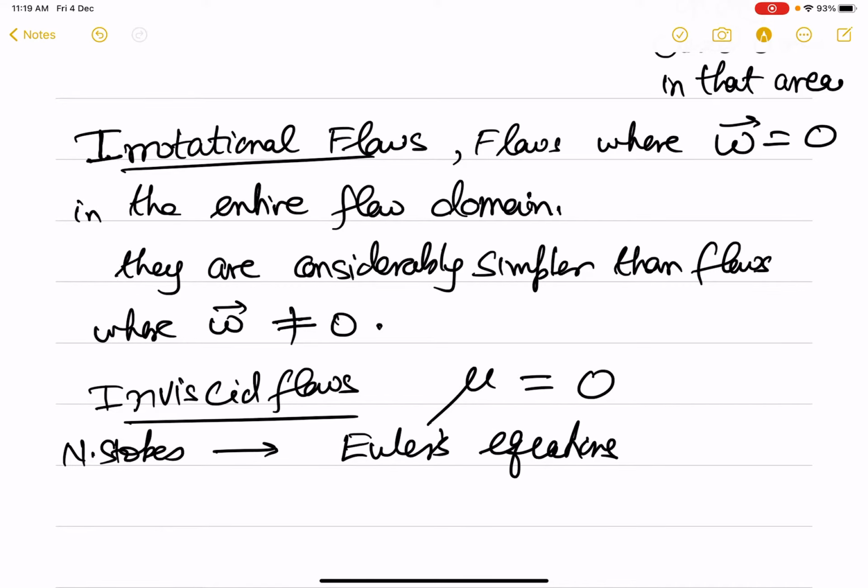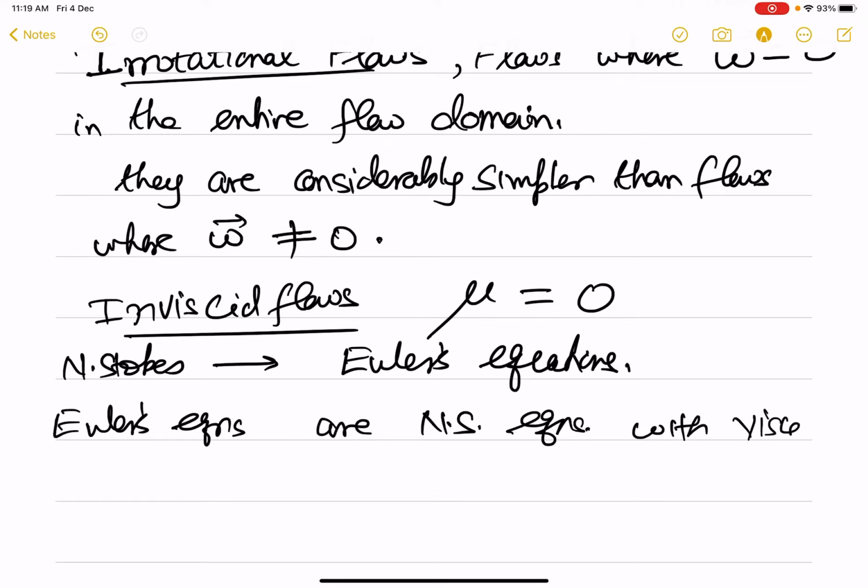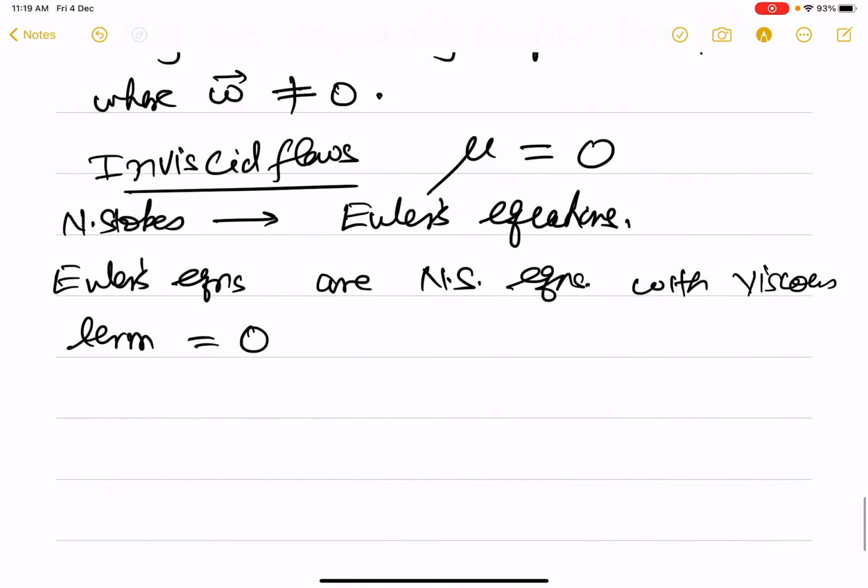So Euler's equations are nothing but the Navier-Stokes equations with the viscous term equal to 0.